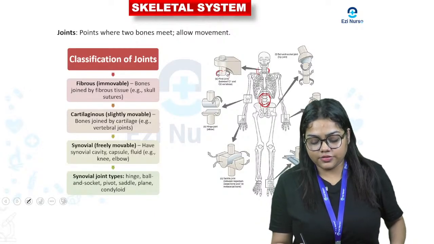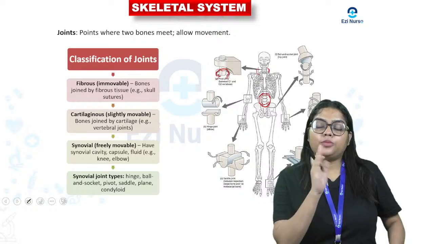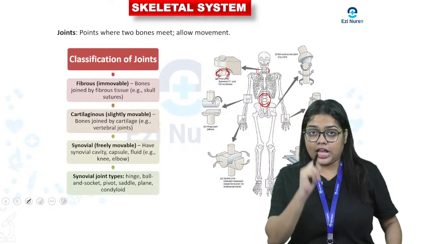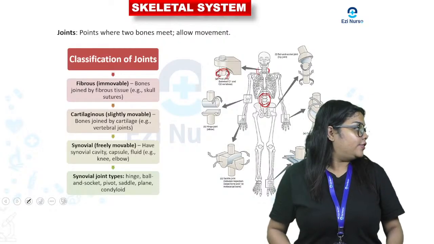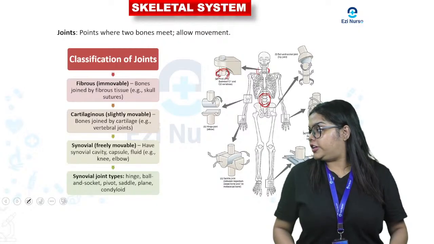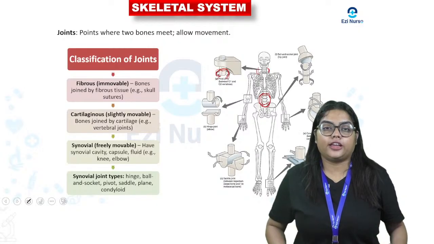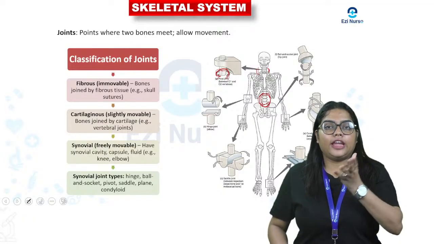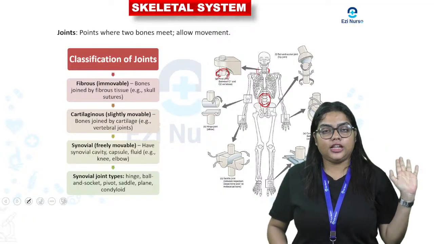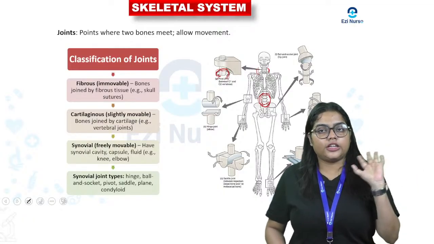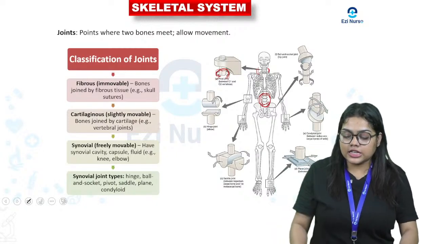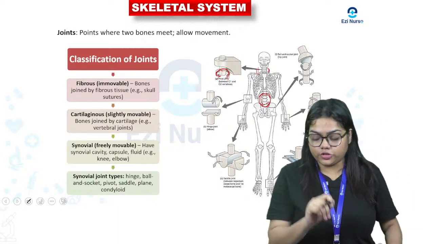As you have seen, the bones can be moved 180 degrees. How? From here to here, I can bend my neck. I can move my neck to see around 180 degrees. So this is an example of a pivot joint.